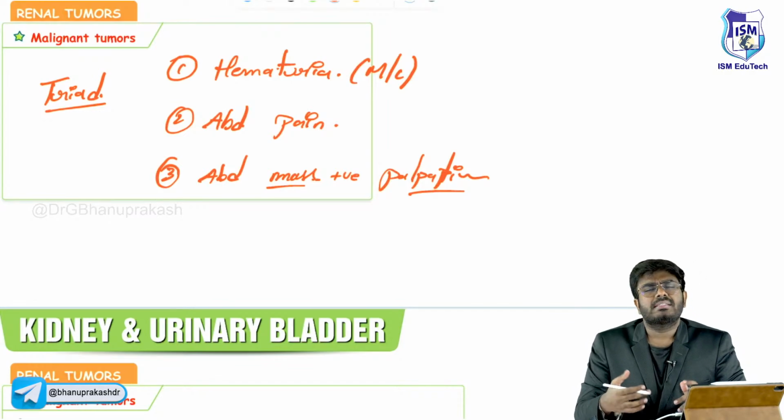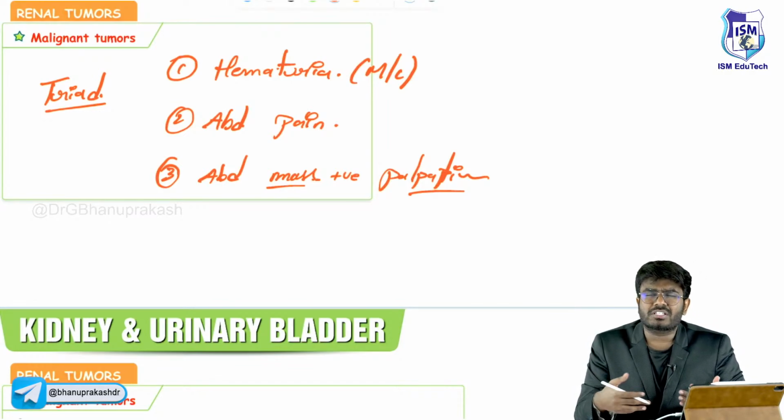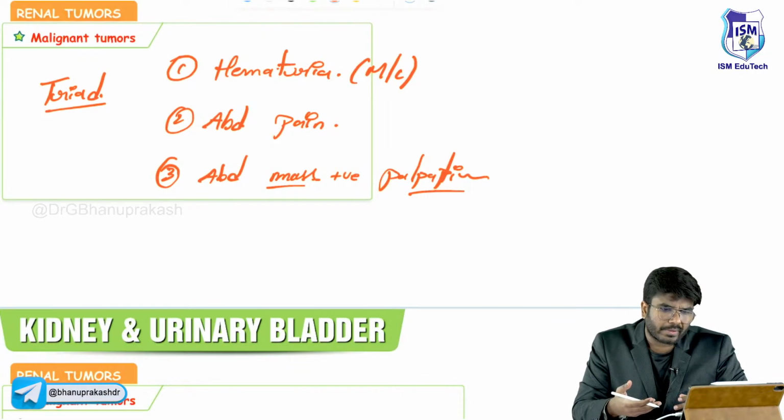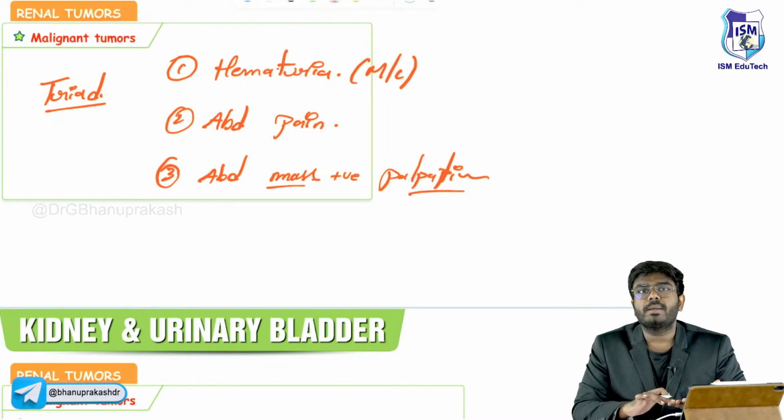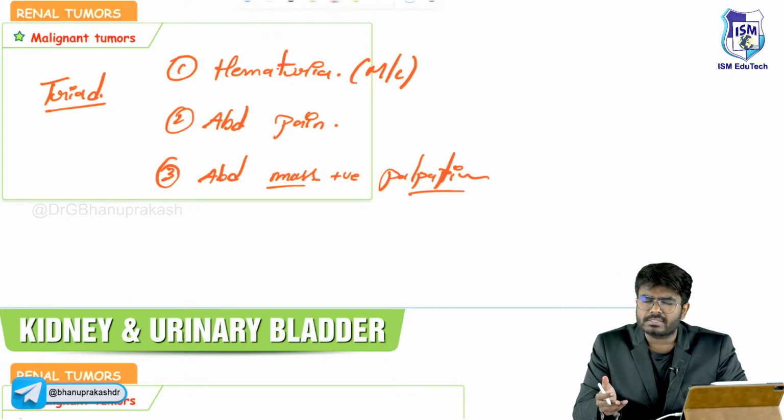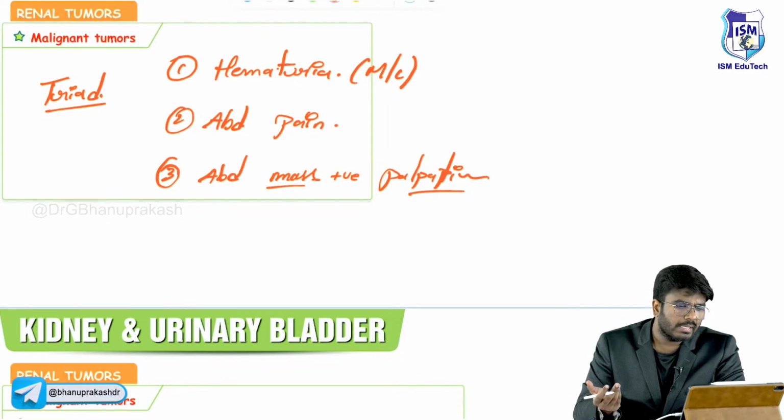It's a cancerous condition, so weight loss, nausea, vomiting, fever, malaise and cachexia can also be seen, but the triad is important for your exam.